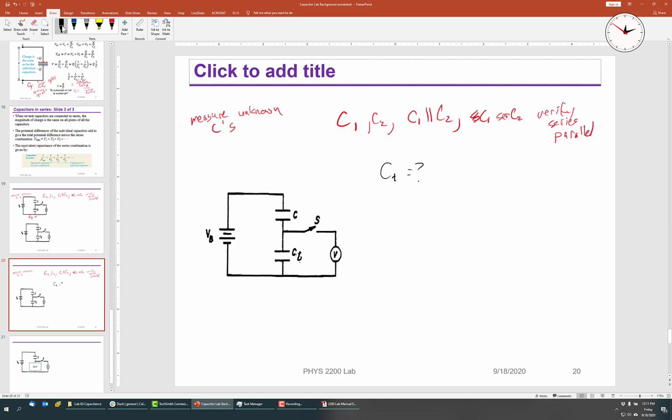What we know from basic circuit theory is that there's going to be a delta V from our known C and a delta V of C-test, and delta V of C plus delta V of C-test has to equal the voltage of the battery.